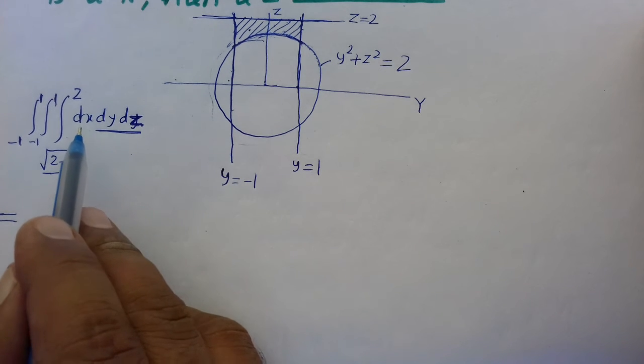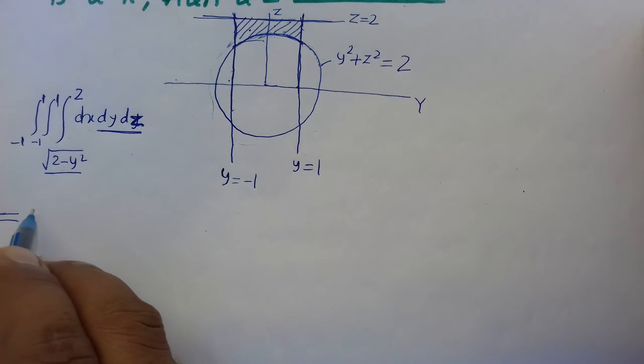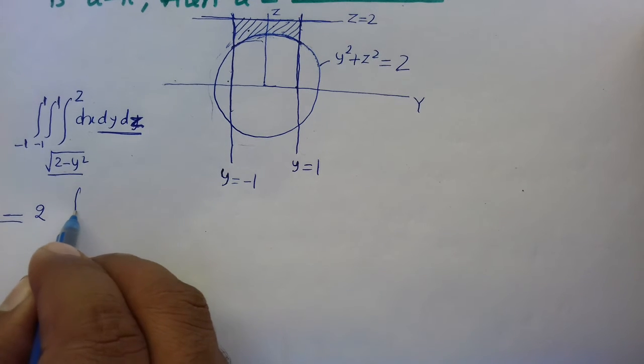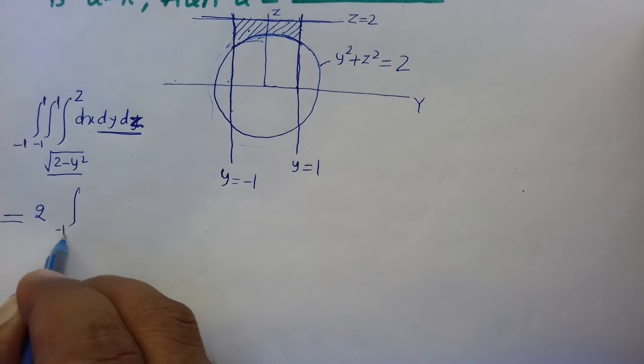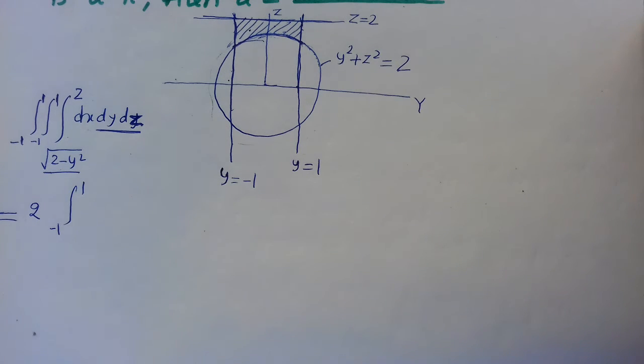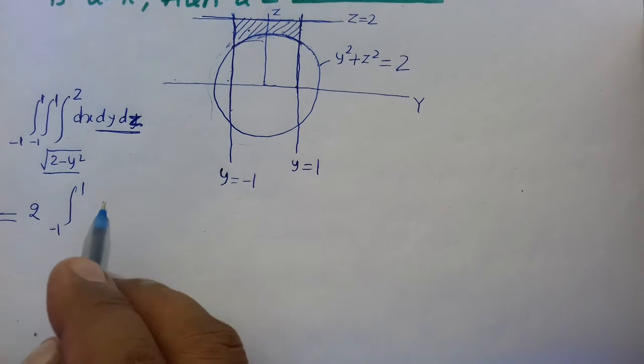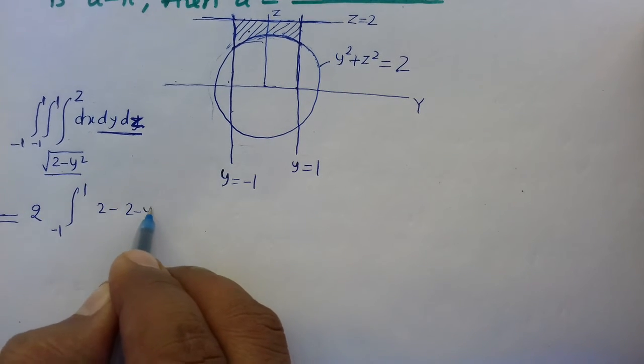So integration of dx with limit -1 to 1 will be 2, and thereafter it remains -1 to 1, and integration of dz will be z, and putting the limits will be 2 minus square root of y square.